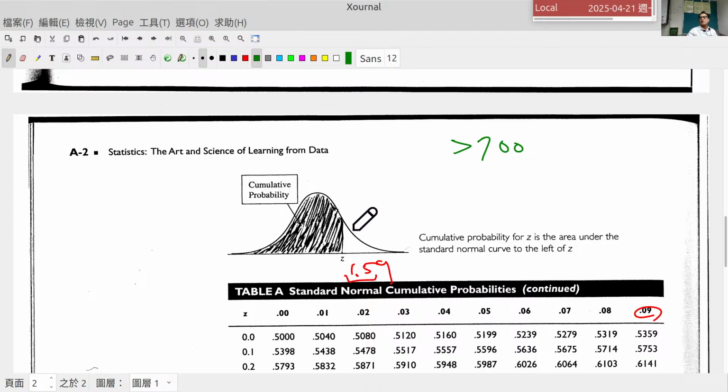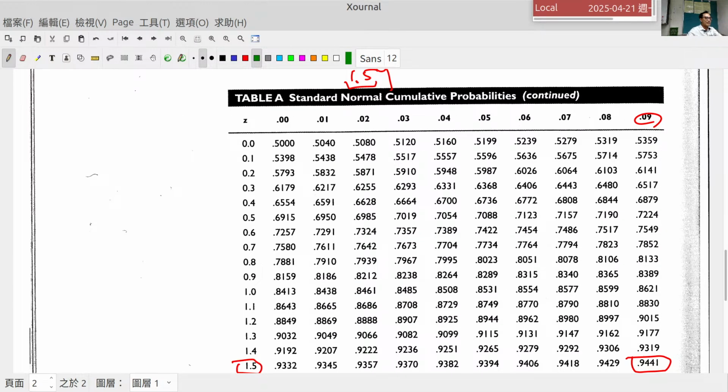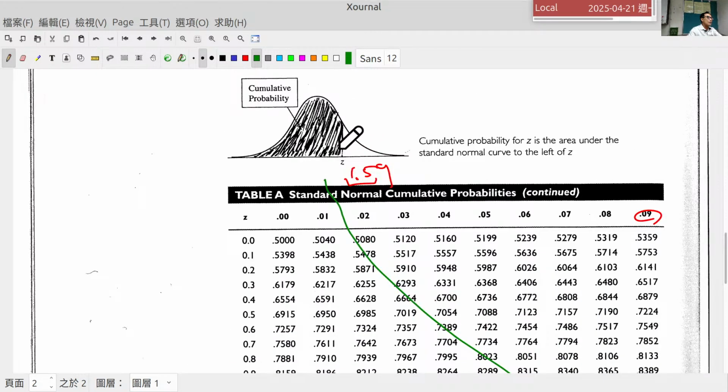But according to the figure, the number here is the area from the location to the left side.